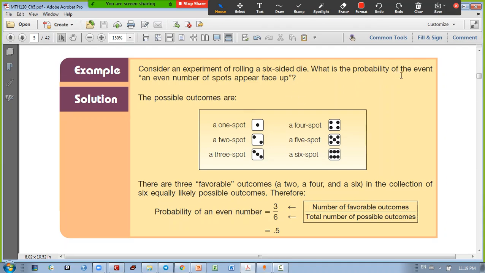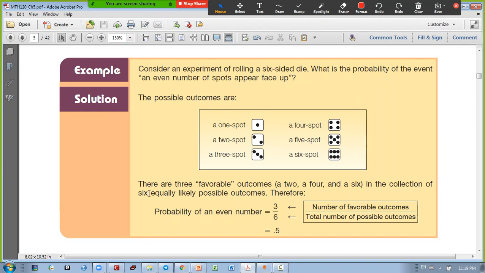What is the probability of the event of an even number of spots? The points here we call spots: 1 spot, 2 spots, 3 spots. What is the probability of an even number of spots appearing face up? Face up means the spots are facing up.